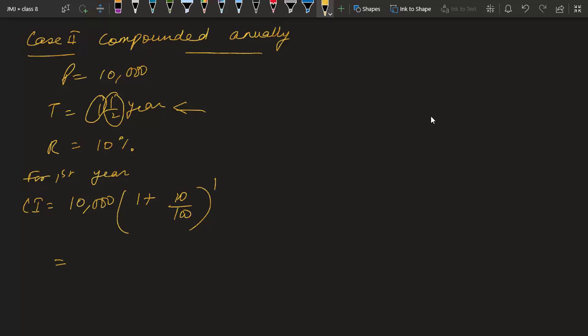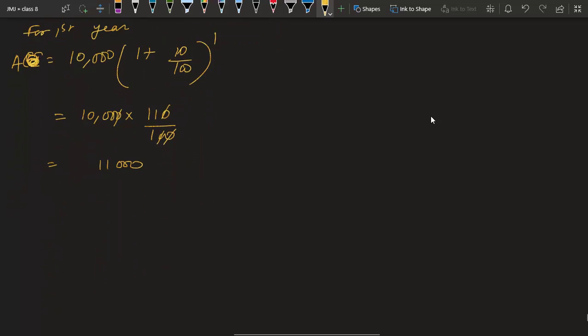It will give us 10,000 into 110 upon 100, 0 cancel, 0 cancel, and we will get the answer as 11,000. So after 1 year, this was the amount, my mistake. After 1 year, the amount became 11,000. That means compound interest was 11,000 minus 10,000, rupees 1,000.